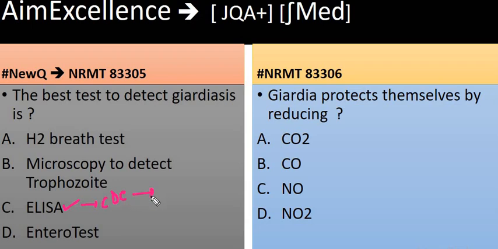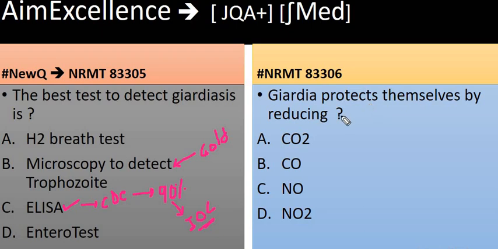Far more sensitive in detecting giardiasis than microscopy to detect the trophozoite or cyst, which will remain the gold standard, but the investigation of choice right now is ELISA. And it is wrongly given in many guidebooks. So in integrated medicine discussion, we go for the actual latest information. So this is the investigation of choice.